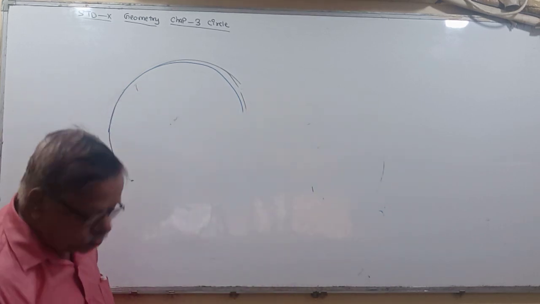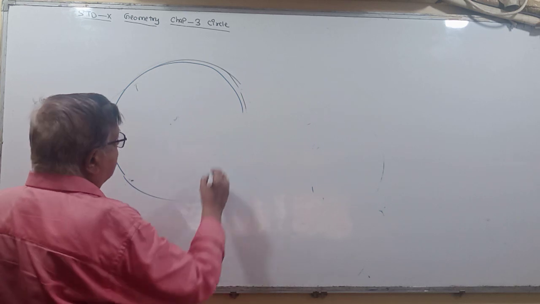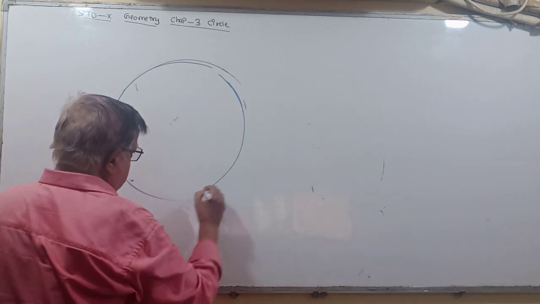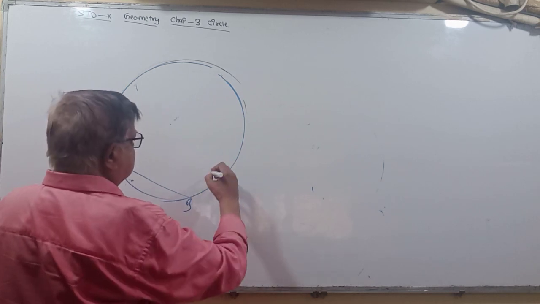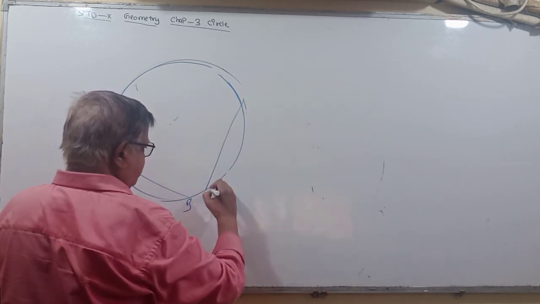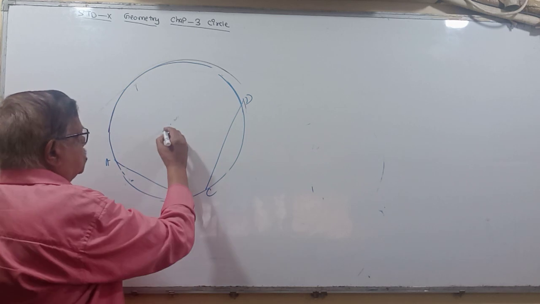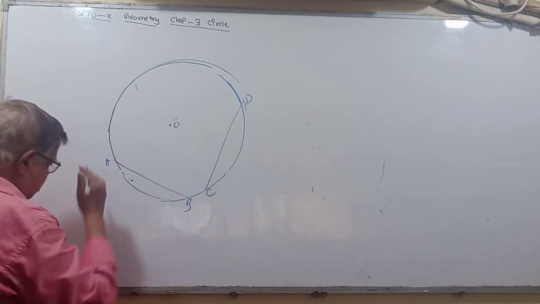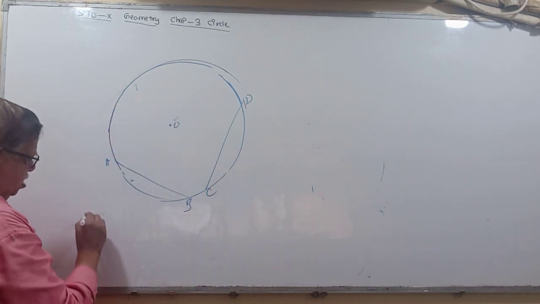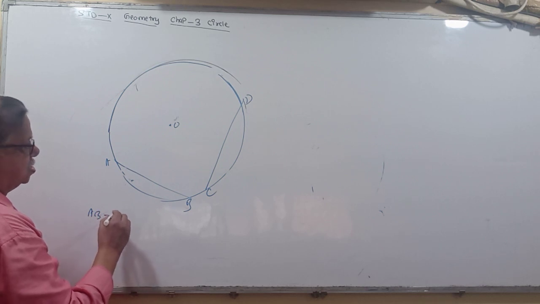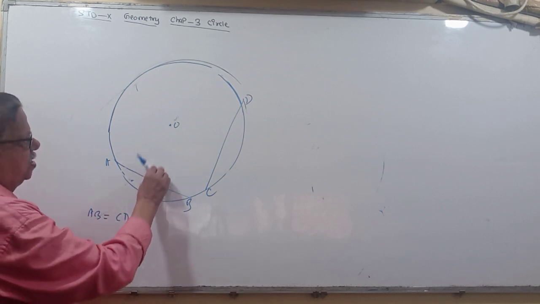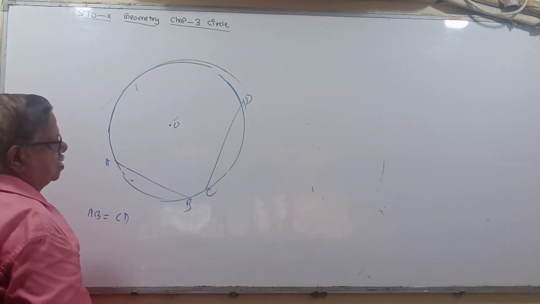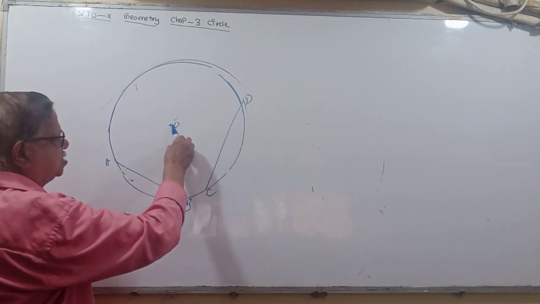Next, suppose there is a chord AB and a chord CD, and O is the center. If AB equals CD, then the distance of the chord AB from the center is equal to the distance of the chord CD from the center.